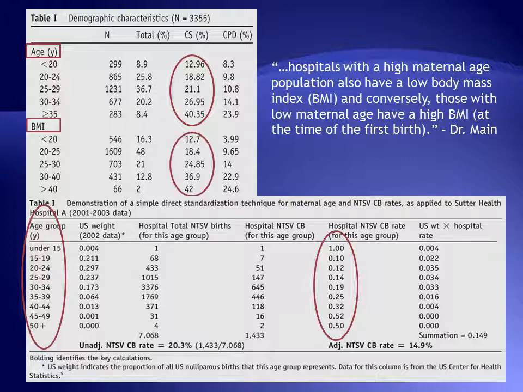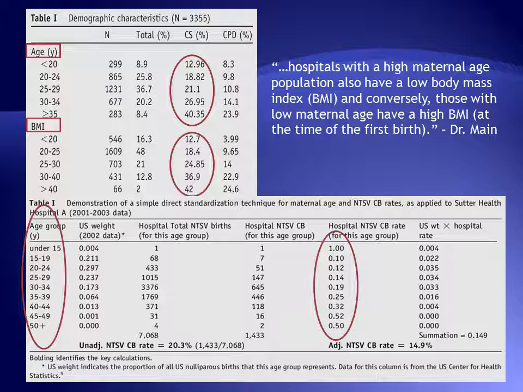Dr. Main provided that risk factor several times with his observation that hospitals with a high maternal age population also have a low body mass index, and conversely, those with low maternal age have a high BMI. Consider the logic behind Dr. Main's incredible discovery.